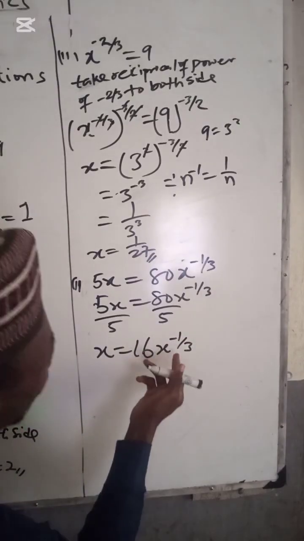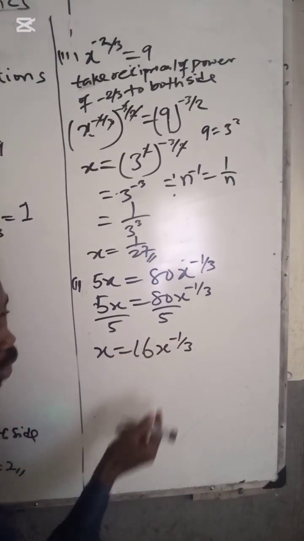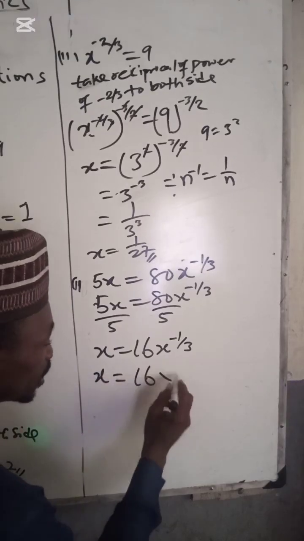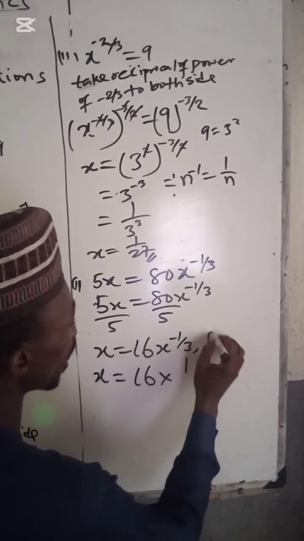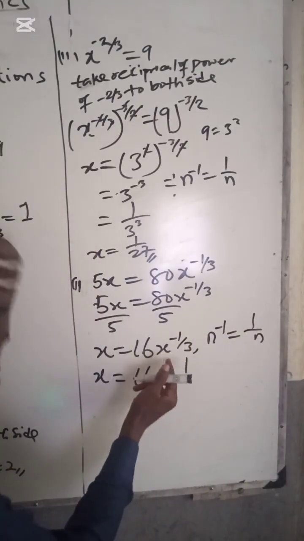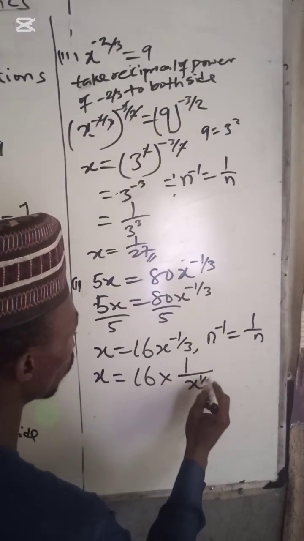Mind you, this minus 1 over 3 does not affect this 16. It's only the power of x. So we have x equals 16 times 1. Remember, n raised to power minus 1 equals 1 over n. So since this affects only x, we have 1 over x raised to power 1 over 3.